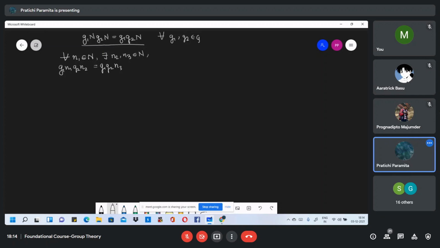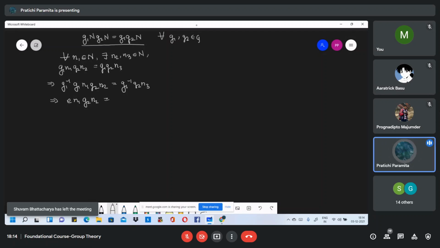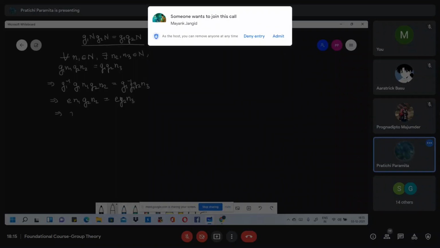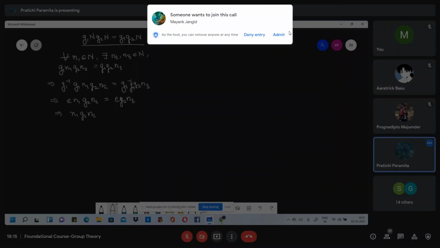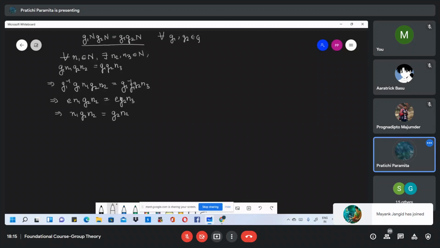G1 G2 n3. Then I'll multiply the inverse of G1 on the left. So G1 inverse G1 n1 G2 n2 is nothing but G1 inverse G1 G2 n3. So this implies E n1 G2 n2 is, sorry, E G2 n3. Then this implies n1 G2 n2 is G2 n3.